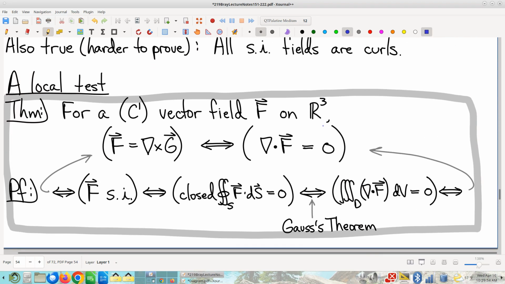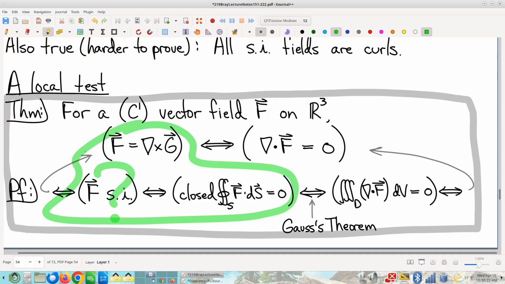Okay, so just as a summary of what we just said, if you are trying to decide if a vector field is surface independent, said differently, regularity issues aside, if you're trying to decide if something is a curl of something else, and most of the time, to be honest, you're going to be more interested in whether it's surface independent, the answer, and how you tell, is to compute the divergence and see if you get 0.